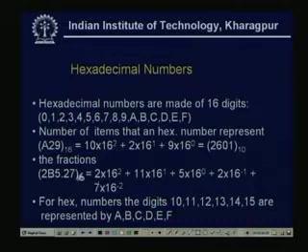Then the place value of 2 is 2, that means it should be 2 into 16 squared. Then the place value of B is 1, so it will be 11 into 16 to the power 1. Then 5 into 16 to the power 0, and now after the decimal point the place value is minus 1. So, this is 2 into 16 to the power minus 1, and 7 is 7 into 16 to the power minus 2. So, if we do this computation, we will get the number in the decimal number system.